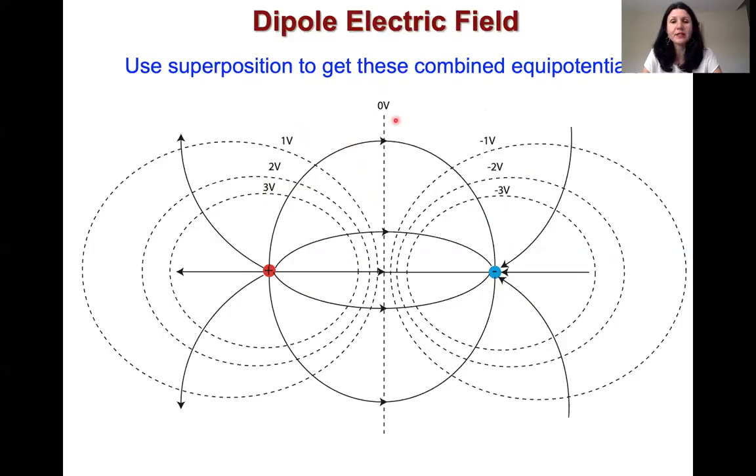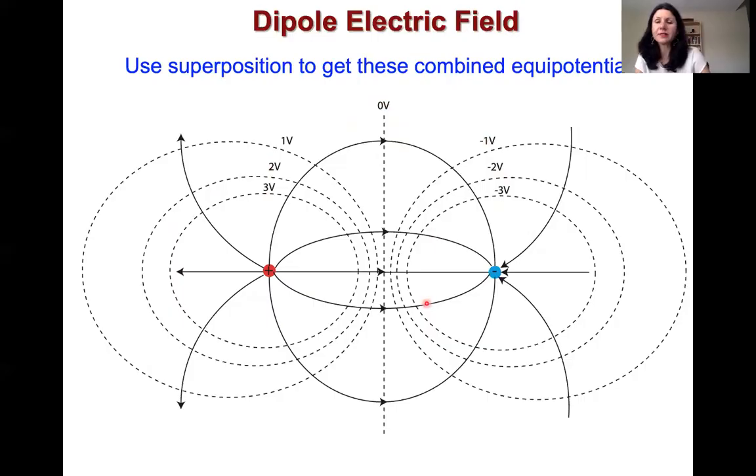So to go from 0 and increase, this has to be, let's say, 1, 2, and 3. Again, I'm just choosing this increment of 1 volt. It doesn't have to be that way as long as the increments are the same between 2 neighboring equipotential lines. And then to decrease towards this direction, it has to become negative. So -1, -2, -3.